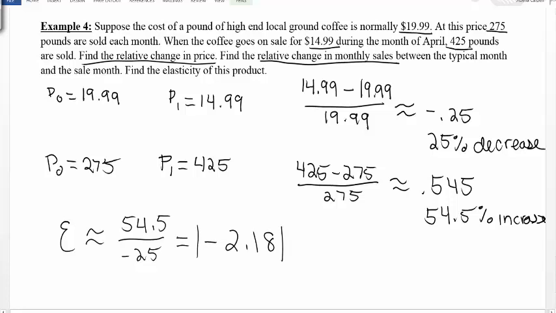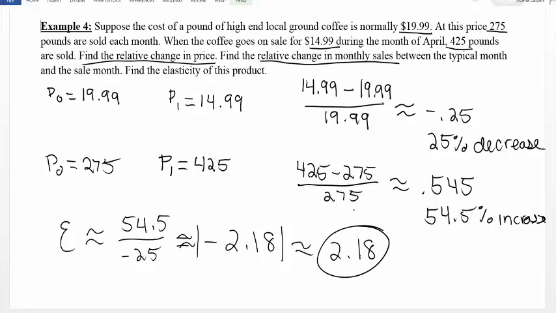And again, that's approximately. And if we take the absolute value of that, our factor is 2.18. And again, businesses often want elasticity to be greater than 1 because they've found that if elasticity is less than 1, people don't react very much to the sale or to the price impact. So we're looking for something bigger than 1 to get people out to buy the coffee.